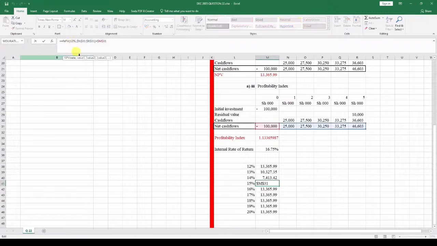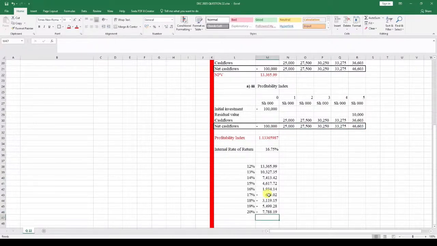Just come and change here, 16%, 17, then 18. So don't worry about that. 19. Then here we got 20%. 20%.